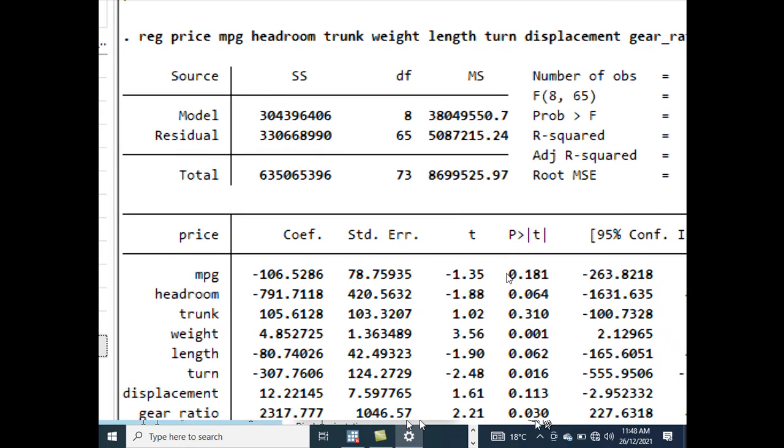Okay. So this is how you get the output. This is the command. When you give this command, you will get this result. Remember, Stata will give you output in two parts.